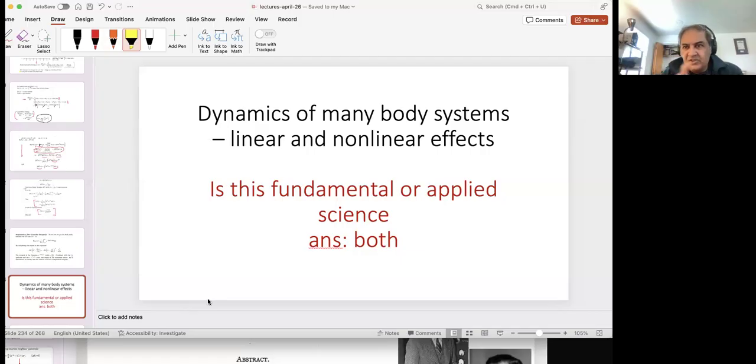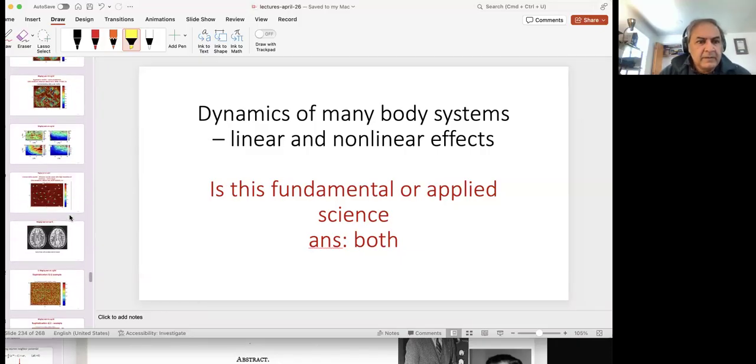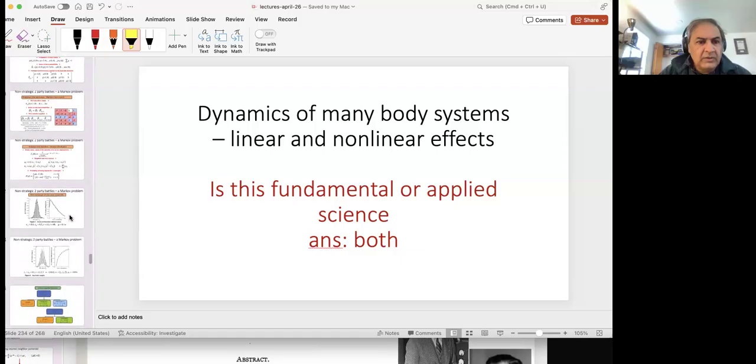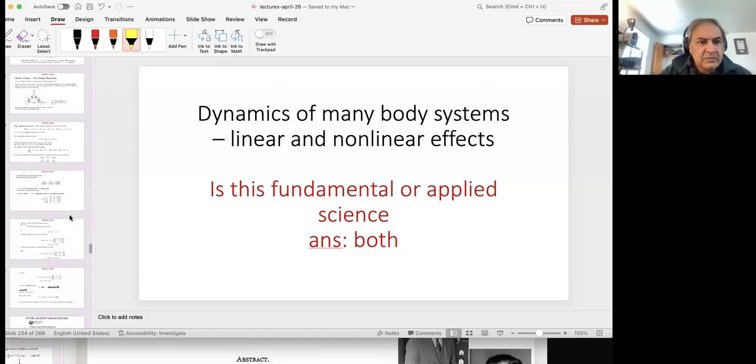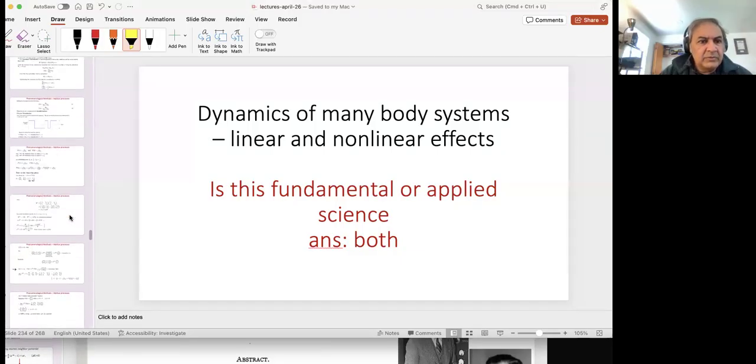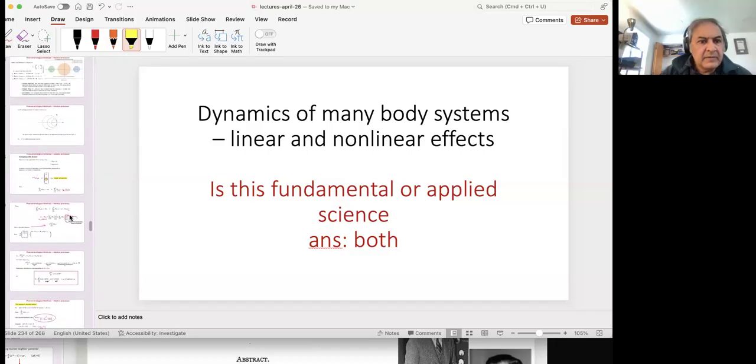So I want to now just change gears. We are pretty low on time, but let's give it another 5 minutes or so. We have not paid a great deal of attention to non-linear forces so far. A little bit we have done, but the non-linearity of processes we have not really worried about to a great extent.